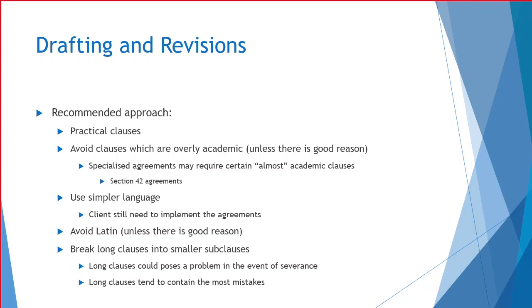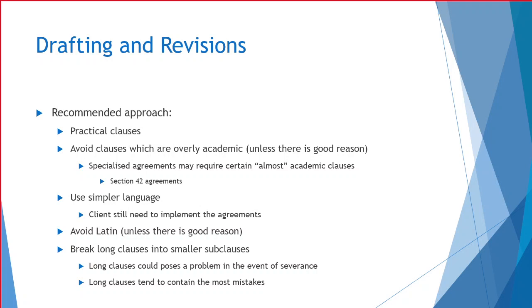Now, avoid clauses that are overly academic. Now, there is an exception. Specialized agreements and clauses will contain clauses that appear academic or overly complicated. For instance, where you're playing around with the bare dominium of property or usufructuary of property. Again, now we're using almost academic terminology.